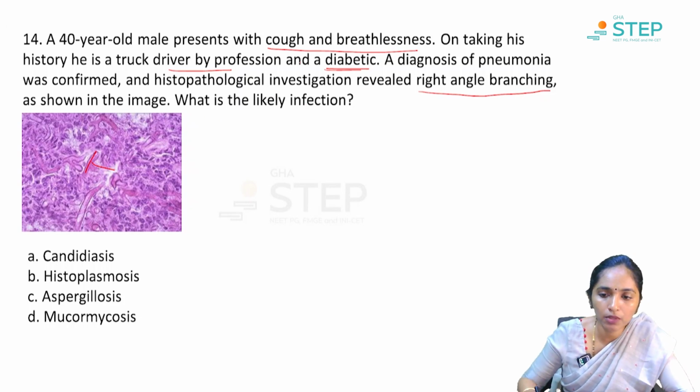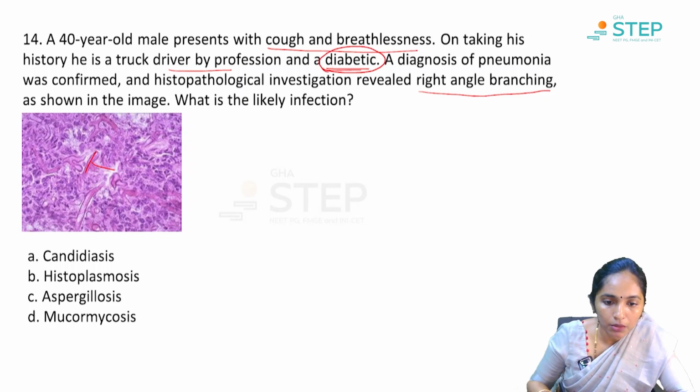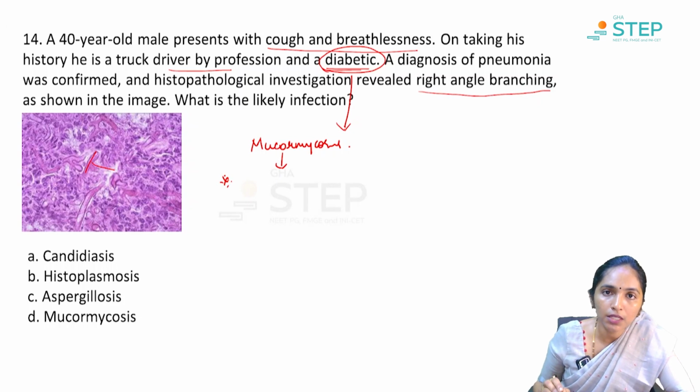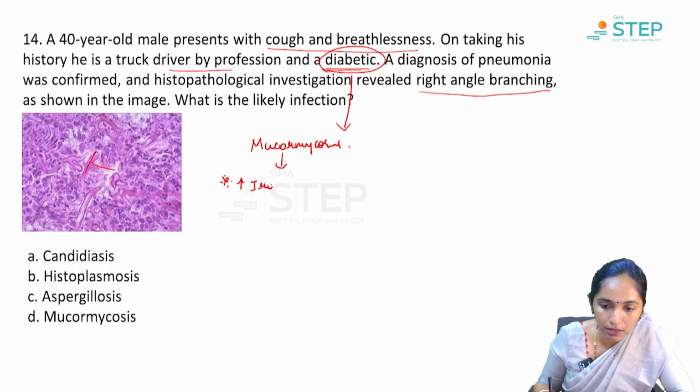Okay, a case of pneumonia, and here the risk factor is diabetes, and looking at this image, this is going in favor of what? This is going in favor of mucormycosis. So in mucormycosis, the hints in the question are usually the risk factor for mucormycosis is increase in iron concentration, which mainly happens in diabetic ketoacidosis.